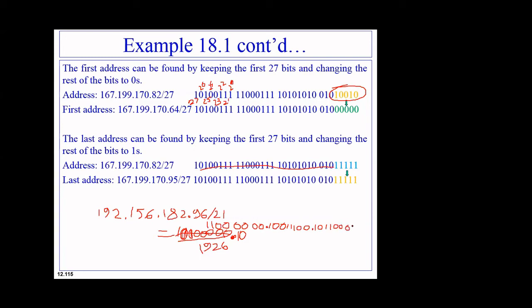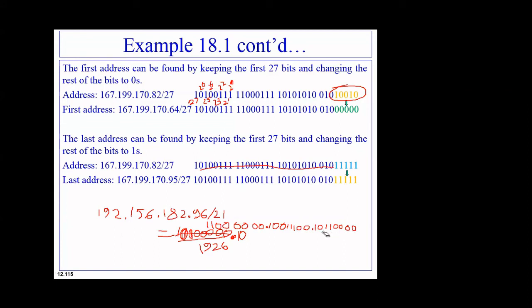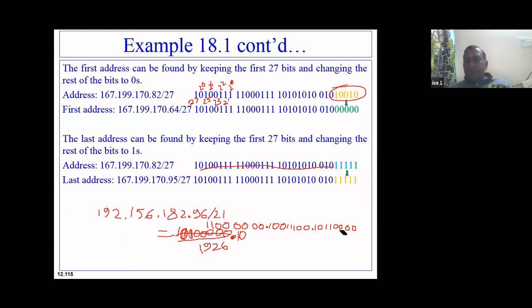Oh, sorry. Something is wrong? So it's 1 0, 1 1. 0110. 0110. So these two are not required.